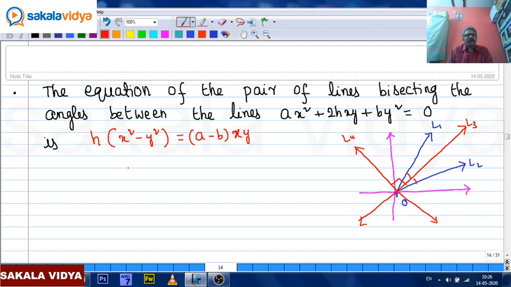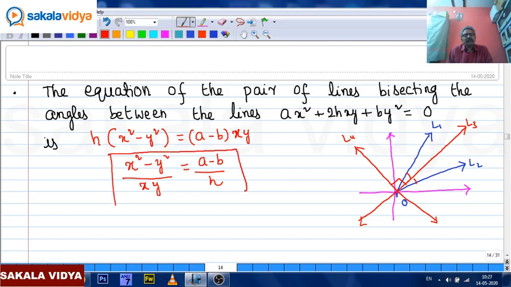Or we can write like this: x square minus y square by xy equal to a minus b by h. So you can remember like this also. See, x square coefficient is 1, y square coefficient is 1. 1 minus 1 is 0.